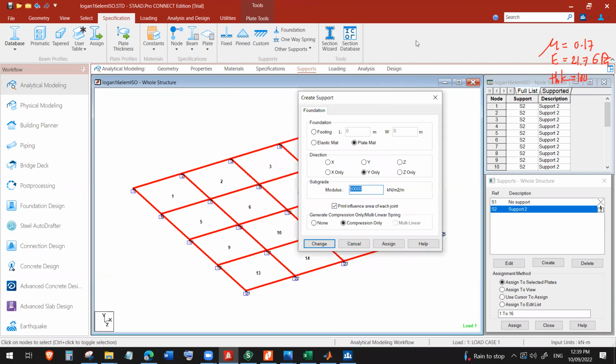And since our mesh is 0.125 by 0.125, multiply that with our subgrade, because this is our tributary.